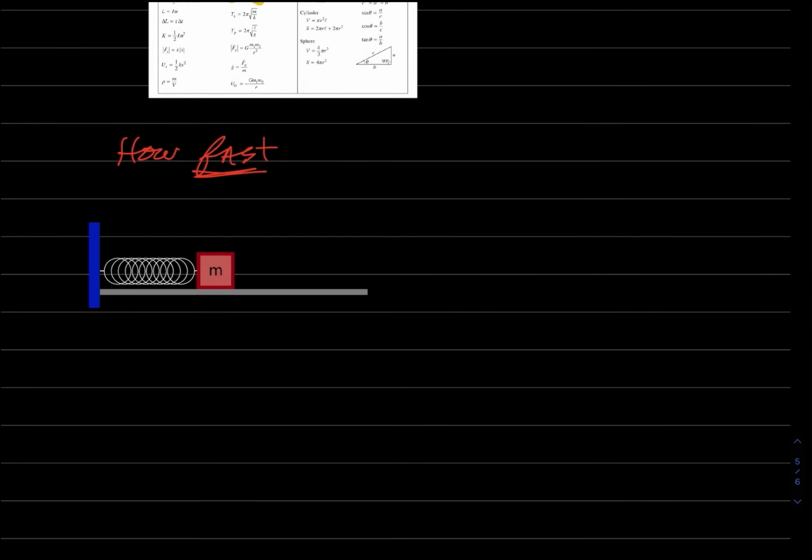You can imagine that the back and forth oscillation, the frequency of oscillation, depends on the strength of the spring, which we represent in our equation by K, the spring constant. How many newtons of force does the spring put on an attached mass per meter or centimeter or millimeter of displacement from the equilibrium position?